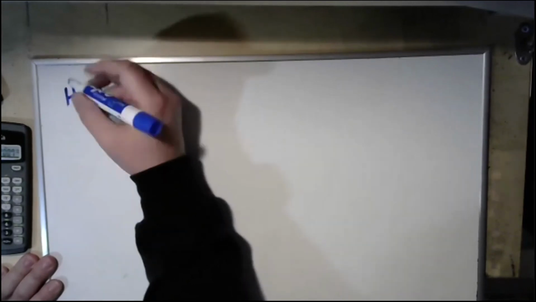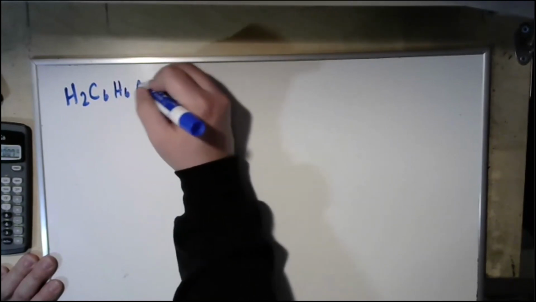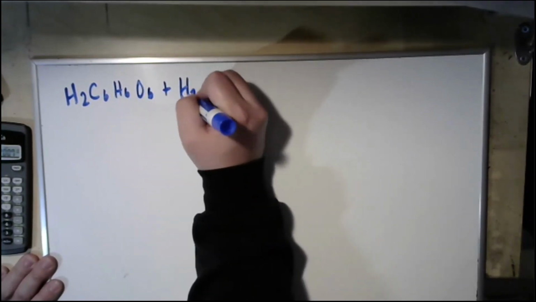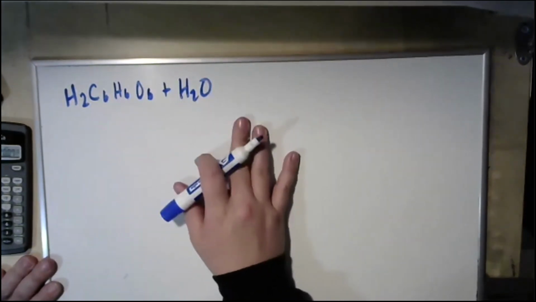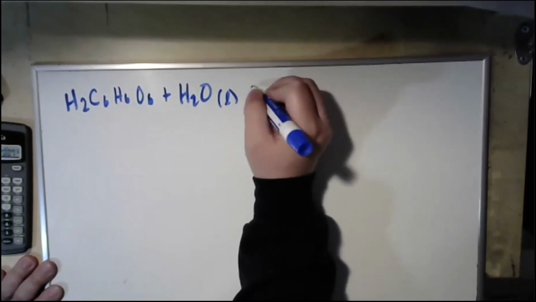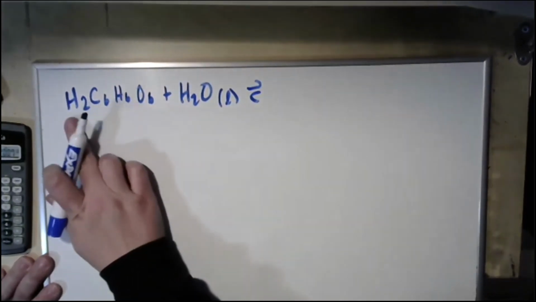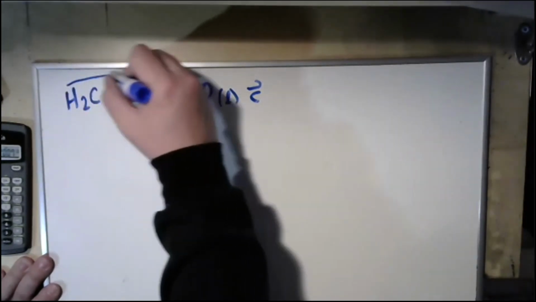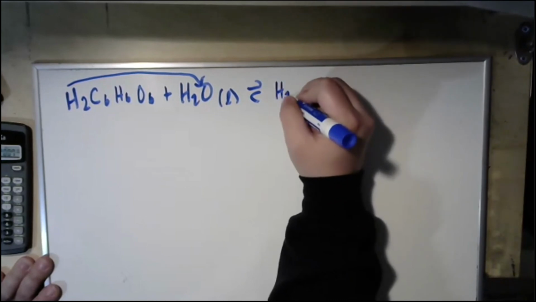So if we look at H2C6H6O6 plus H2O, we want to write out our formula just like we've been doing. All of this is going to be the same. This first hydrogen is going to be the one that comes over here and attaches itself to the water, forming H3O plus.